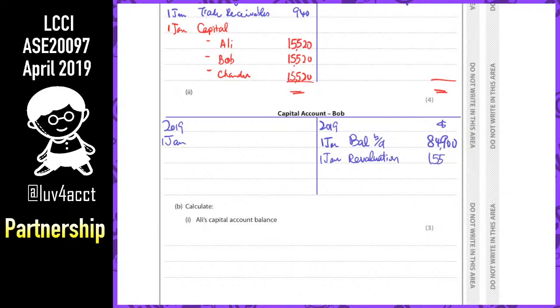Revaluation account, that is the revaluation gain for Bob, 15,520, and also the goodwill adjustment to be 12,000 because it is 36,000 divided by 3. Okay, so there's no reduction, so everything will be settled. 12,000, it is 112,420.